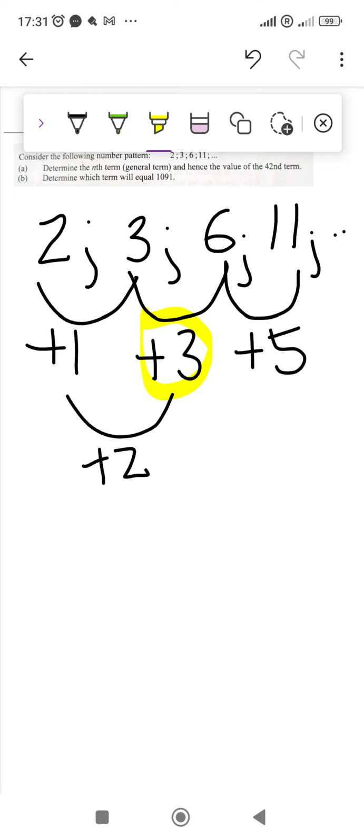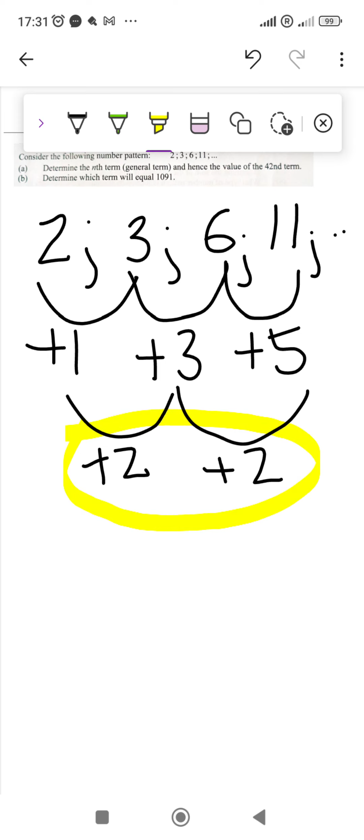So it's 3 minus the 1 gives us that plus 2 that I've written down there. And then also from the 3 to the 5, you have to add 2. So what we notice here, these values are the same. Okay, great. So this tells me in our first level, there wasn't a constant difference, but in my second level, there is a constant difference.